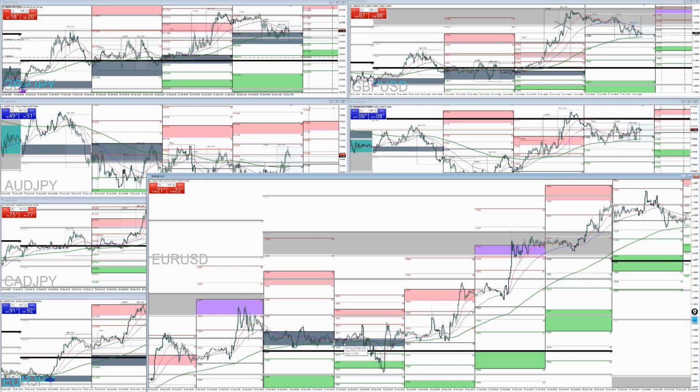I would have been stopped out. I can eventually jam my stop once we make this higher high right in here, but if I had taken this and got stopped out at full stop, it would have been minus 14 pips. If I would have eventually jammed my stop, I would have been down 5 pips.